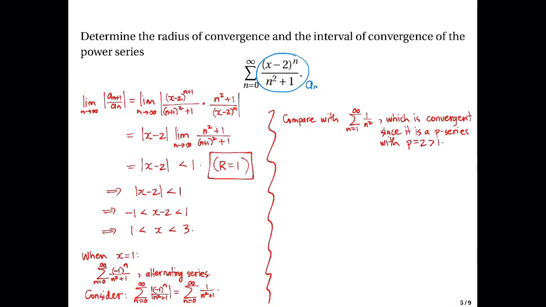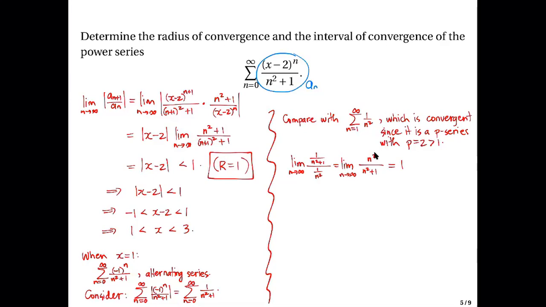Okay? And then we take the limit of 1 over n squared plus 1 all over 1 over n squared as n approaches plus infinity. Or this is just the limit as n approaches plus infinity of n squared over n squared plus 1. And this is equal to 1.